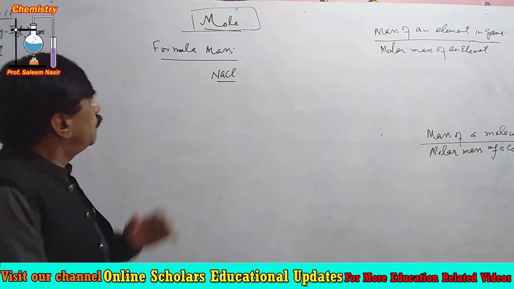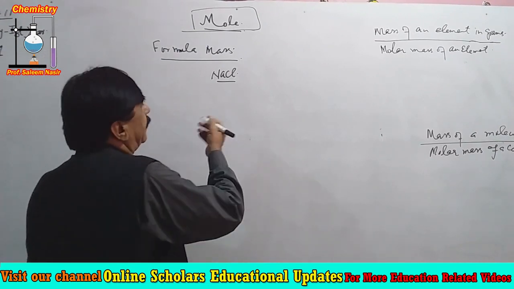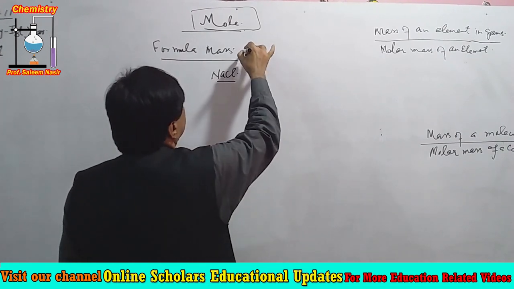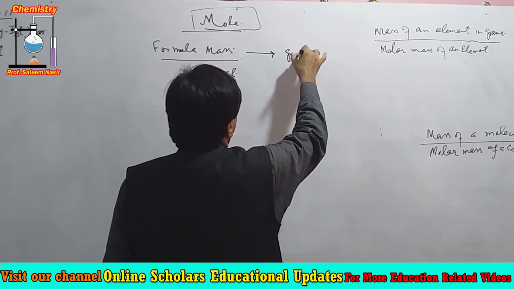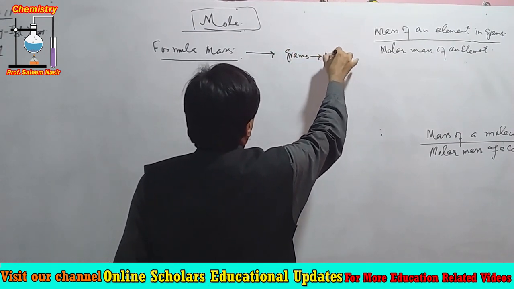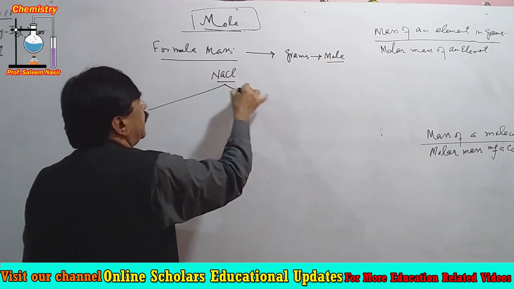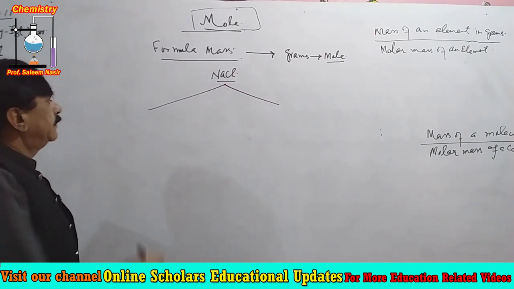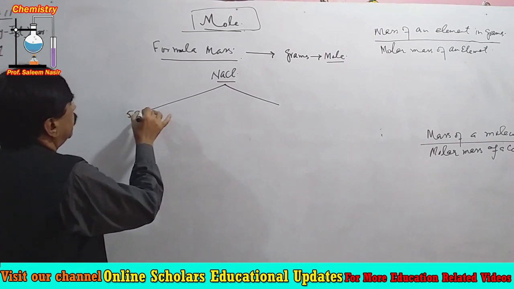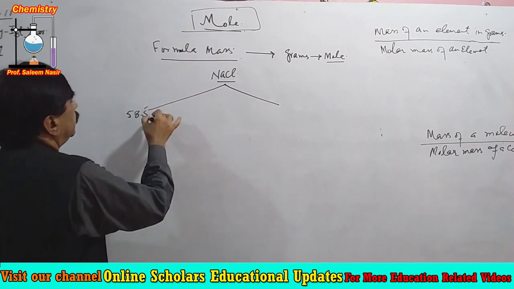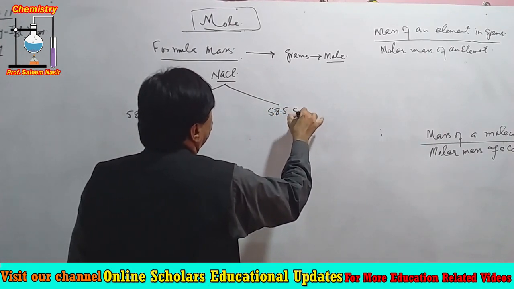Students, now formula mass. The formula mass of an ionic compound, when expressed in grams, is called the mole. Let's see the example of sodium chloride: 58.5 nu and 58.5 grams.